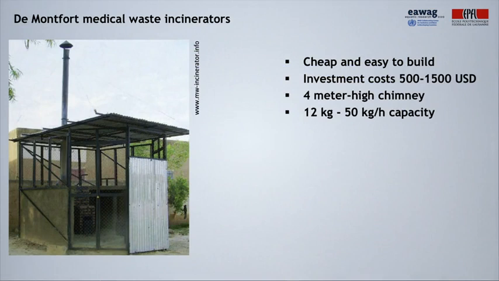For incineration, I would like to show you only one example, the De Montfort Medical Waste Incinerator. It was designed to be as low cost as possible and easy to build. Investment costs are between $500 and $1,500. This module can process 12 kilos to 50 kilos per hour.